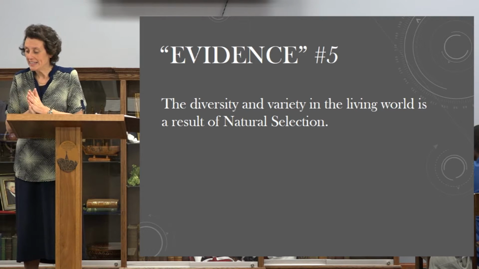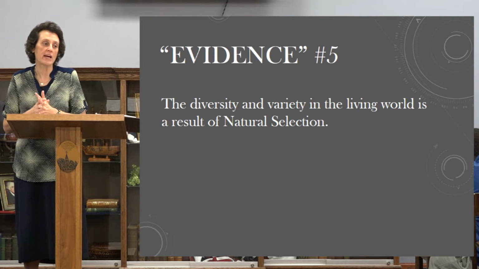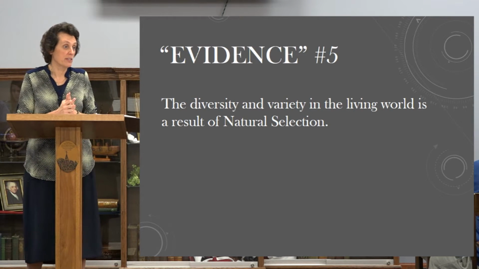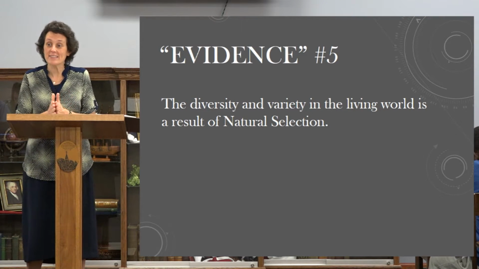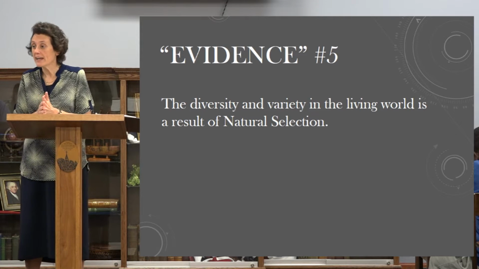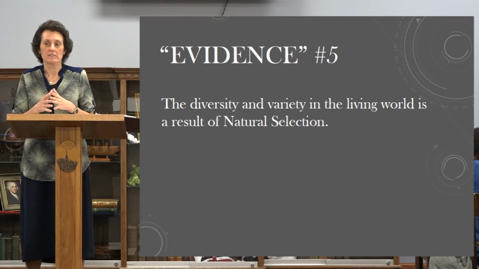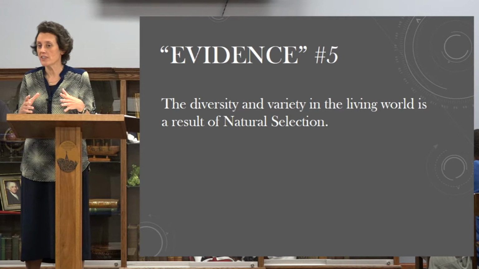Diversity and variety in the living world is a result of natural selection. Why was Charles Darwin so important to evolution? Because he provided this mechanism. He provided a mechanism called natural selection to, in a sense, cloak evolutionary thought in science methodology.